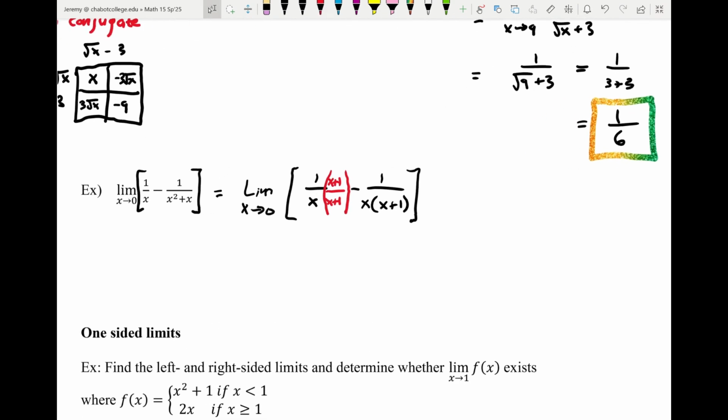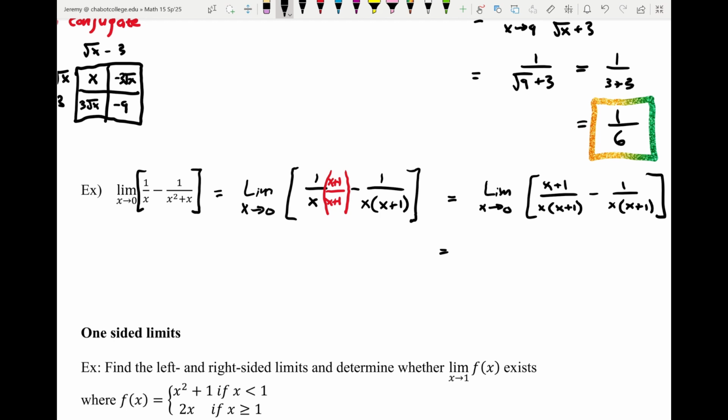Okay, so doing that will give me common denominators. So I'll have the limit as x approaches 0 of (x plus 1) over x times (x plus 1) minus 1 over x times (x plus 1). So we have common denominators.